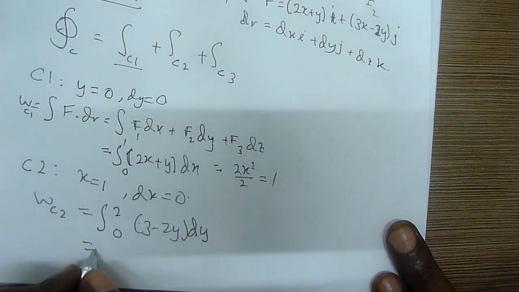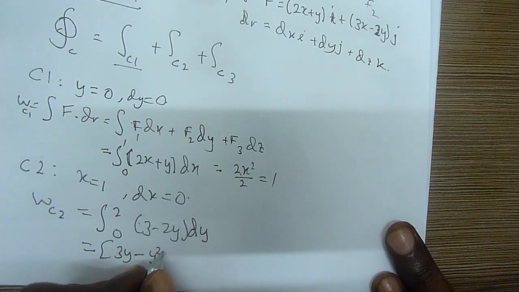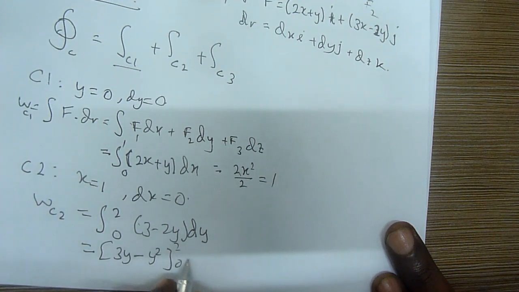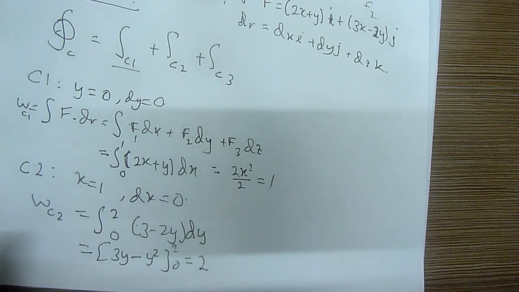When you solve it, you get 3y minus y squared, from 2 to 0, equals 2. Okay, done.